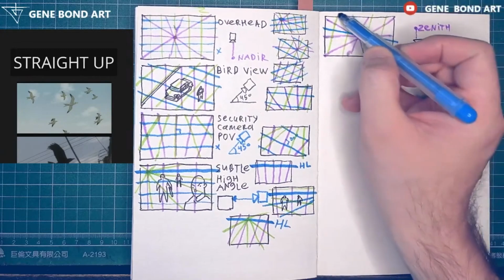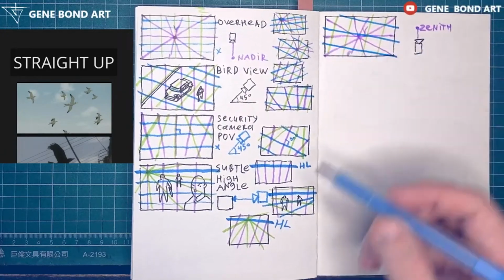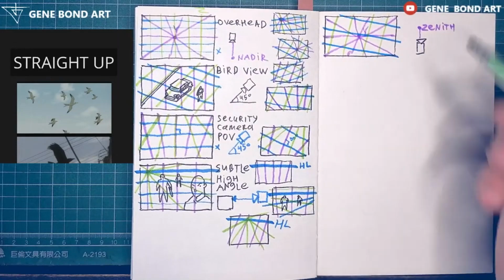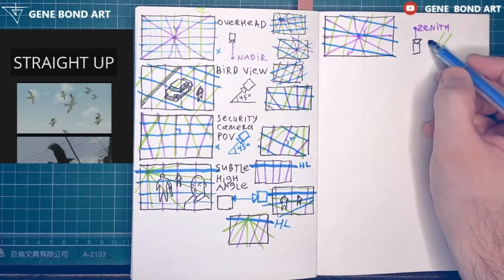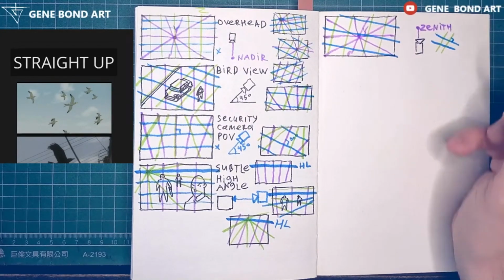Just remember here the z axis is perpendicular to the x axis.